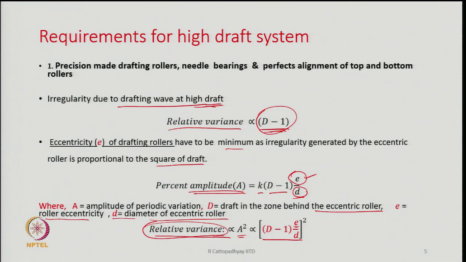And hence, we need precision made drafting rollers and their needle bearing. Needle bearing will also consume much less energy, and the alignment is another important requirement between top and bottom rollers. So, all these become very important for a high drafting system to be successful.